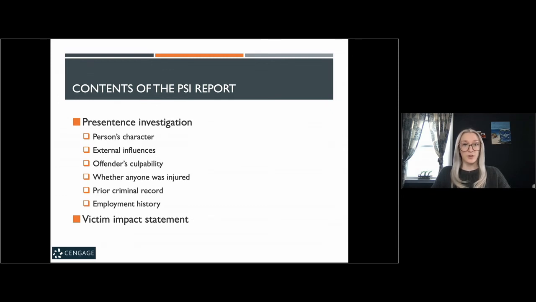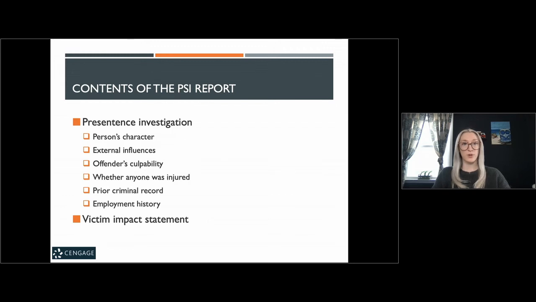Factually accurate: the PSI officer needs to make sure that everything they're reporting in that report is a fact, that nothing is hearsay, nothing is I believe. It is simply facts. It must be objective, so again, nothing subjective or I think this about the offender. It needs to be objective and verified. The PSI officer needs to make sure that they confirm all of the information they've received from either the offender or collateral contacts.